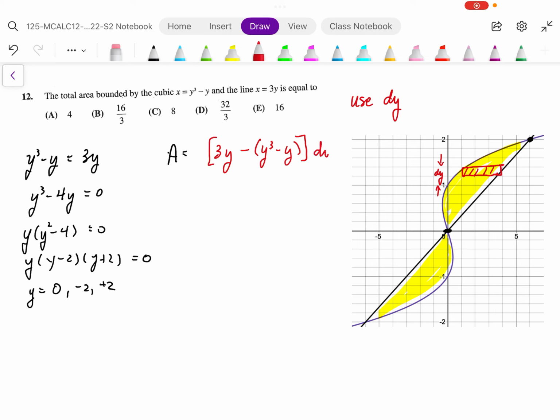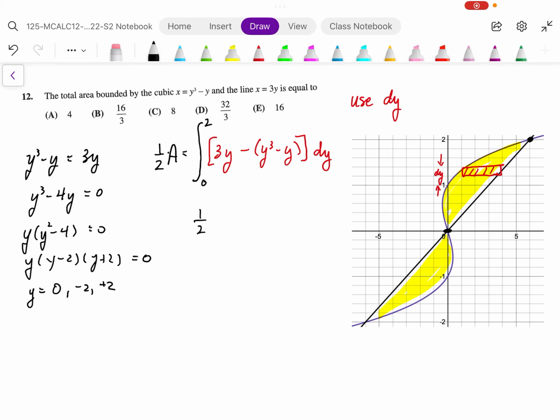I then need to multiply that by dy to get area, and then sum up those rectangles. So I'm going to take the integral from y equals 0 to y equals 2. My equation's all in terms of y with a dy, so that's compatible. Same with my bounds, which are in terms of y. This is going to give me a half area, and I'll just double it to work out the full area.